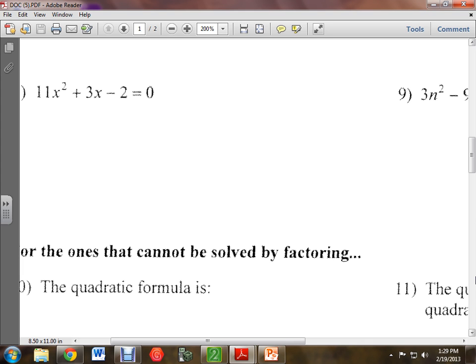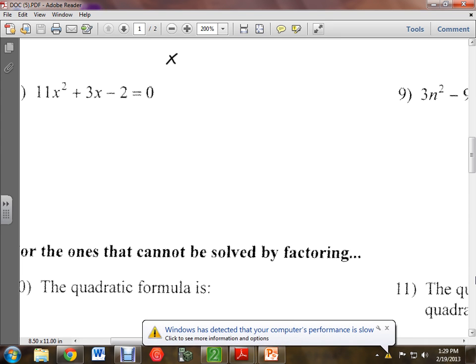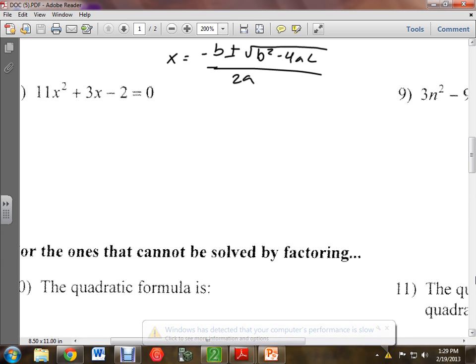All right, the quadratic formula. Make sure you write it down. x equals negative b plus or minus the square root of b squared minus 4ac all over 2a. I went a little overzealous with my all over there. It just needs to be under the negative b part. Can somebody tell me what a negative version of b is in this equation, number 11?